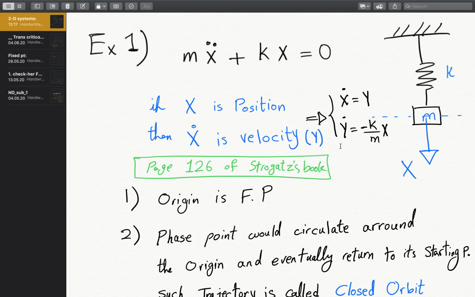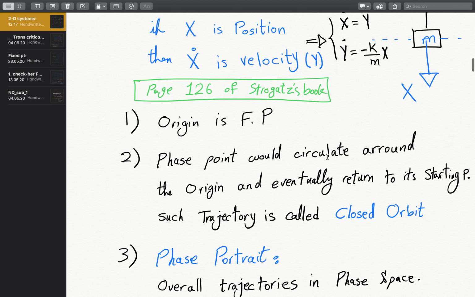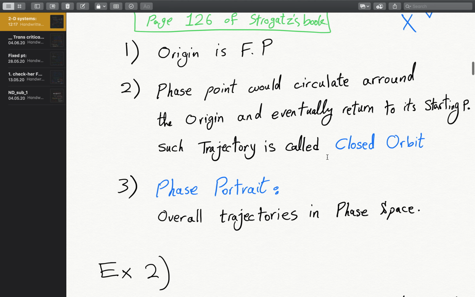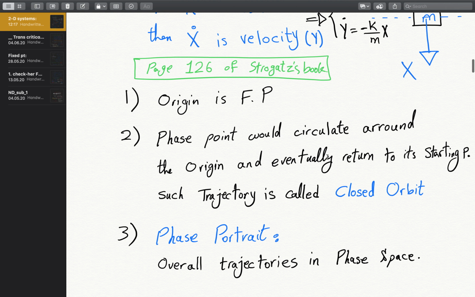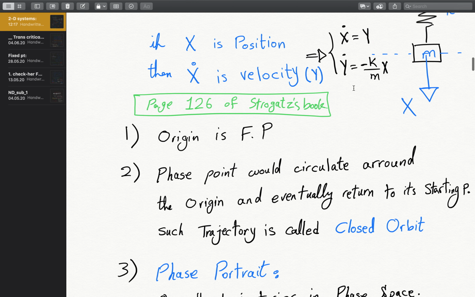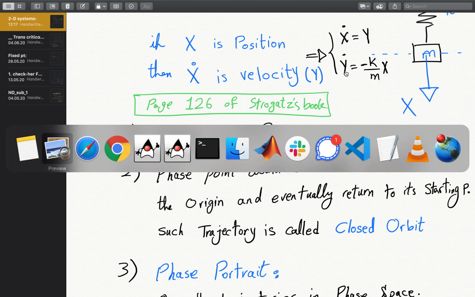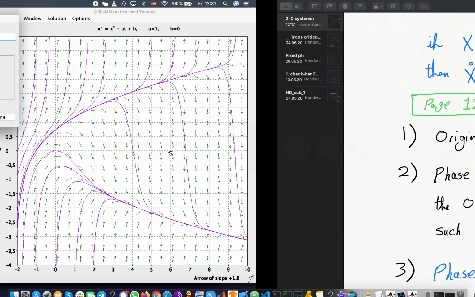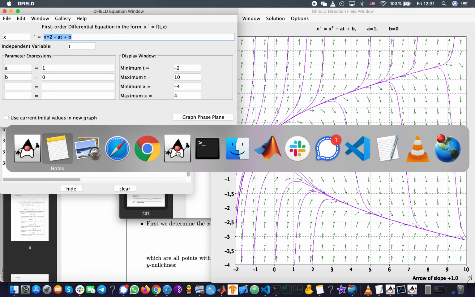Right? If we want to look at it in our phase plane, you can now do it, and please do it, if it is running in your system.